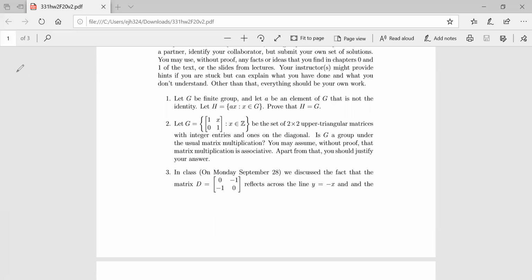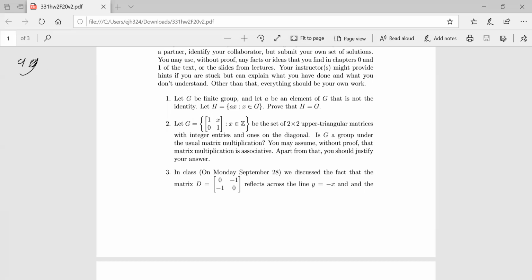Okay, so the core intuition here is that the element A being not the identity is actually not relevant. It's not particularly interesting if A happens to be the identity. Obviously, then it's going to be the identity.